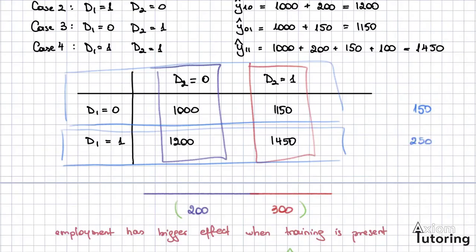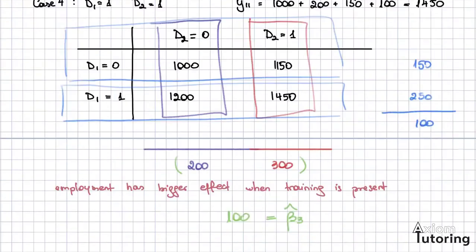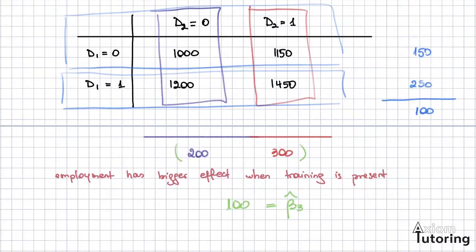Then the difference between the two is again simply 100. So whichever way you want to take this from, the beta 3 is always going to be 100. Okay, so training has a larger impact for employed people, or employment has a larger impact for trained individuals.